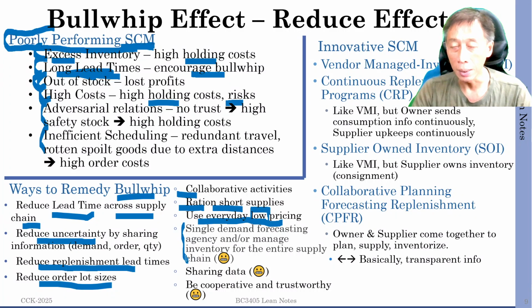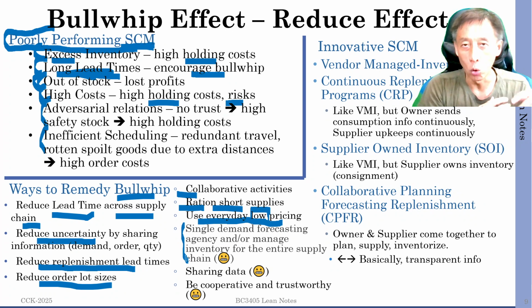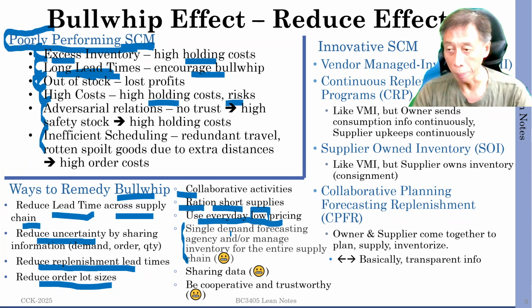There is no secret stocking up so that I can give a super massive discount in an end-of-year clearance sale. Pretend to clear, but actually it's just gaming, right? So when you share demand forecast, it tends to level out the whipping effect.